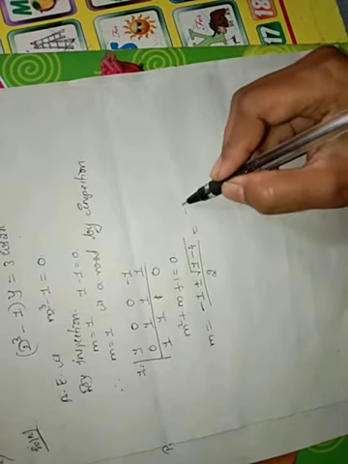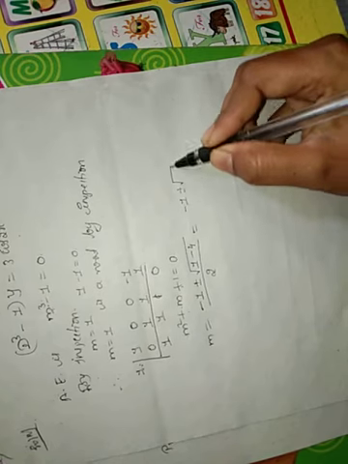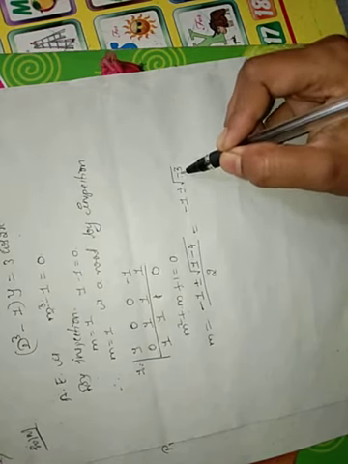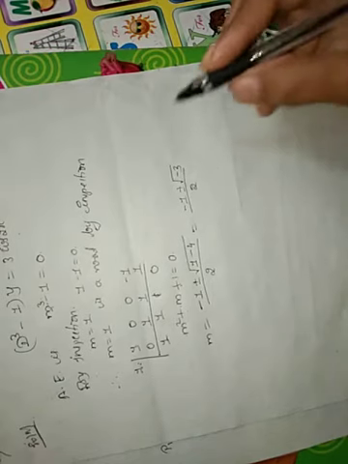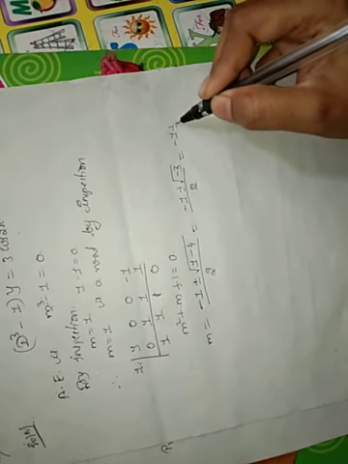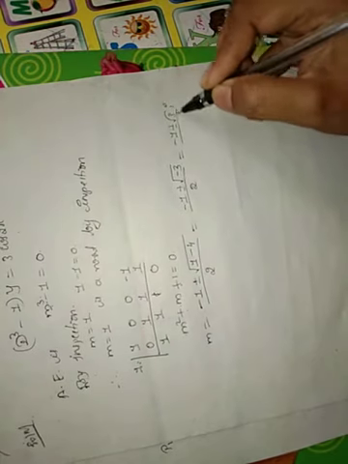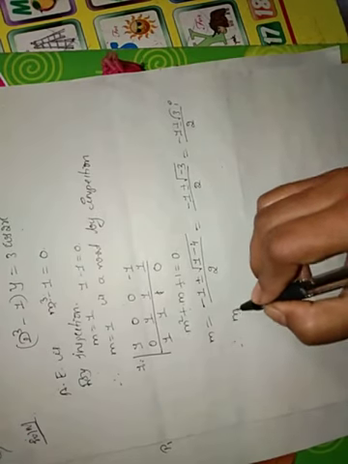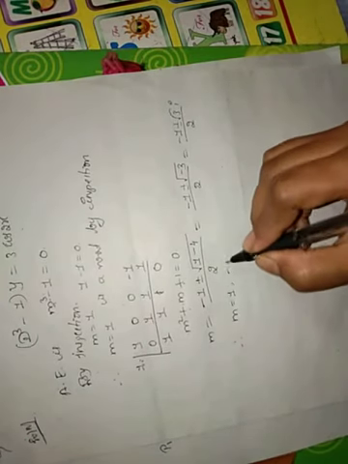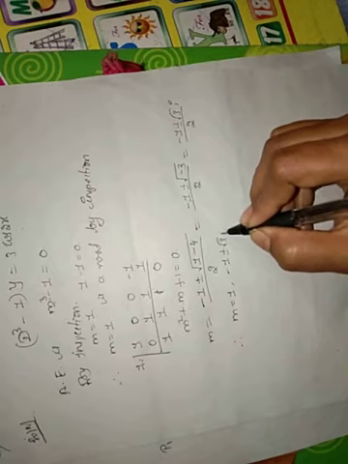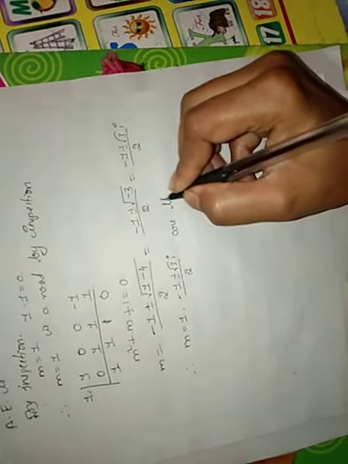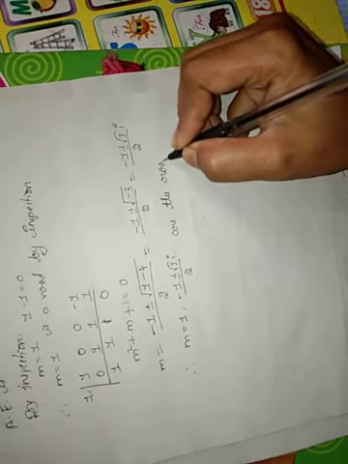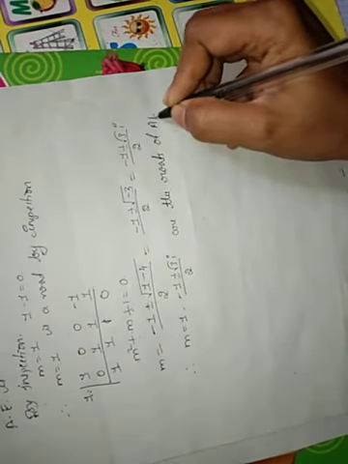So that is equal to minus 1 plus or minus square root of 1 minus 4 is minus 3, divided by 2. So that is equal to minus 1 plus or minus root 3 i divided by 2. Therefore our roots are m equal to 1, comma, minus 1 plus or minus root 3 i divided by 2. So these are the roots of the auxiliary equation.